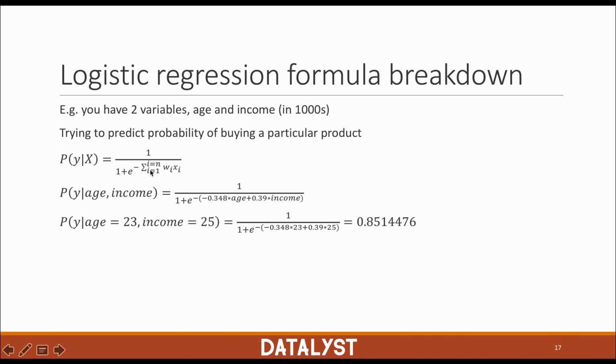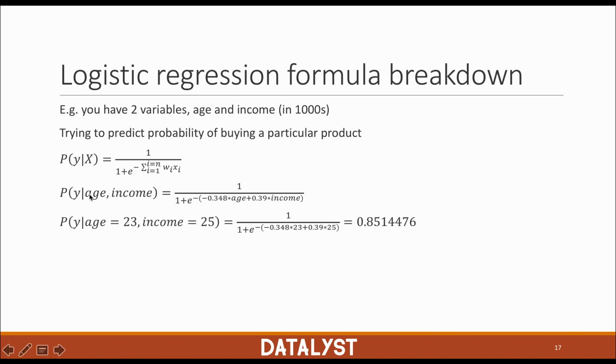Taking a look again at our formula, we have this summation here, the summation from i equals 1 to i equals n of wi and xi. What this means is that you need to find out a coefficient wi for each variable, and then you need to multiply this coefficient by the variable value and add them all up.